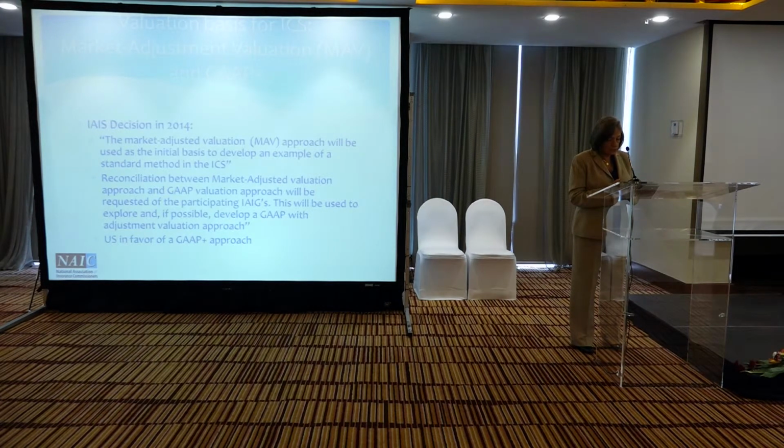Ongoing work is intended to lead to improved convergence over time on the key elements of the ICS toward the ultimate goal. Not prejudicing the substance, the key elements include valuation, capital resources, and capital requirements." This is a very, very important statement that the IAIS came out with and was agreed upon in February. And notice how valuation is one of the key elements.